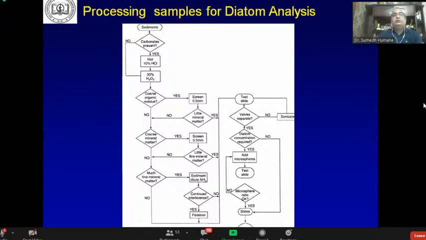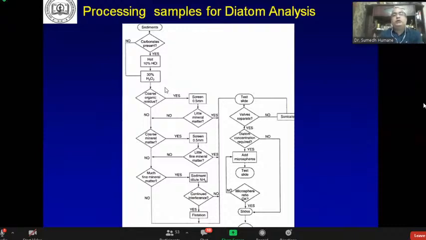If carbonate rocks are there, then you need to process it with dilute HCl to dissolve the carbonates from the sample. If the carbonates are not there, you can directly switch over to H2O2. 30% H2O2 is generally used to dissolve the organic matter from the sample.